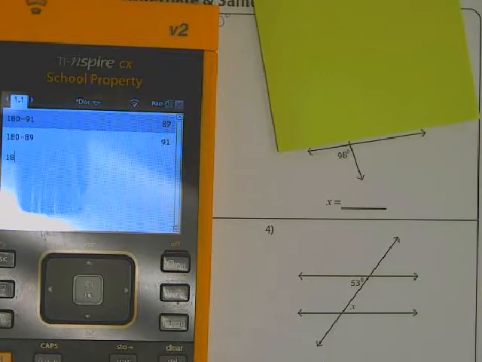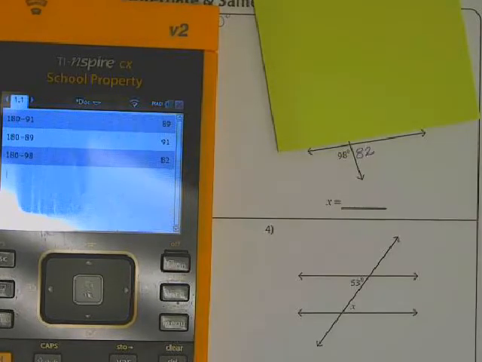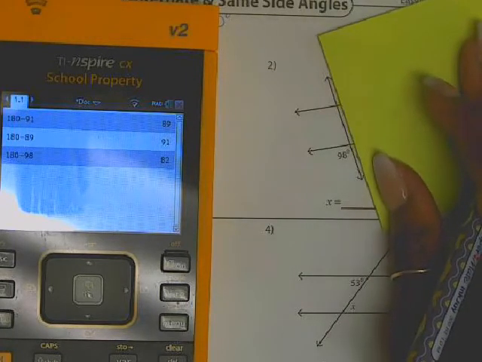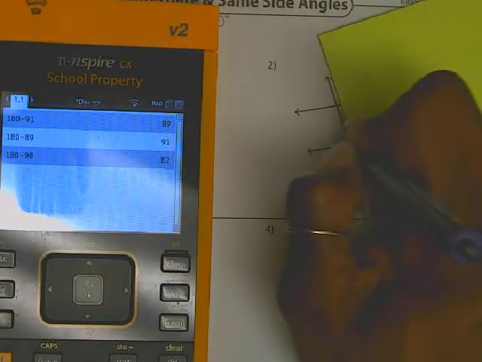So I'm going to go 180 minus 98, which means that this one is going to be 82. Again, looking at that line, if this one is 98, we already figured it out, then this is going to be 82 over here.